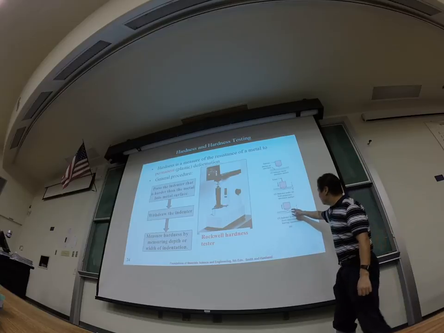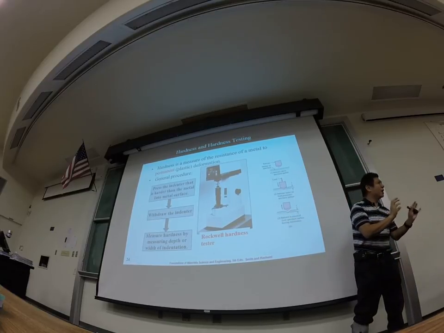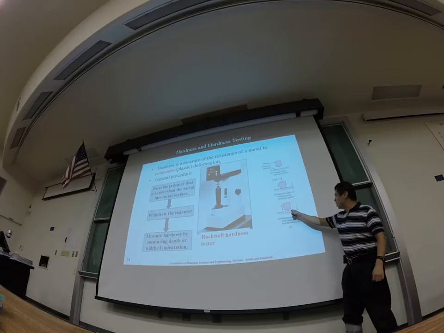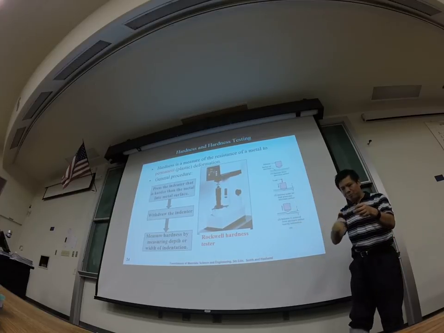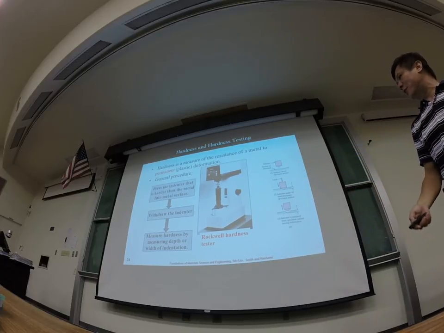And then by measuring this, usually you can use an optical microscope, you can see the dimension of that. Sometimes people use a profiler to do that, and then you can measure the depth or the width of the indentation.